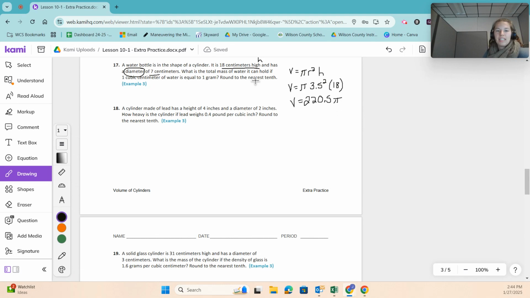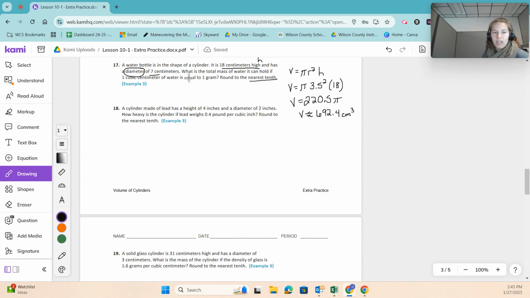Okay, and then it does say round to the nearest tenth, so we're going to go ahead and multiply that out to 220.5 times pi. It's going to be approximately equal to 692.37. That 7 rounds the 3 to a 4. And that is going to be centimeters cubed.